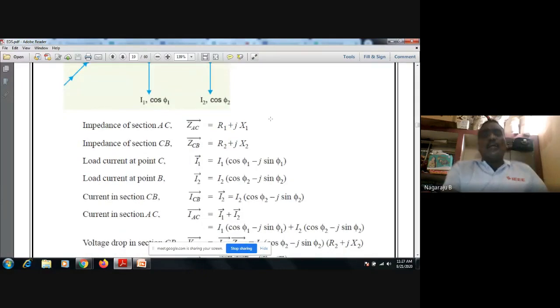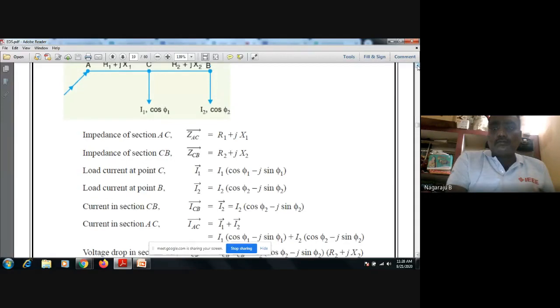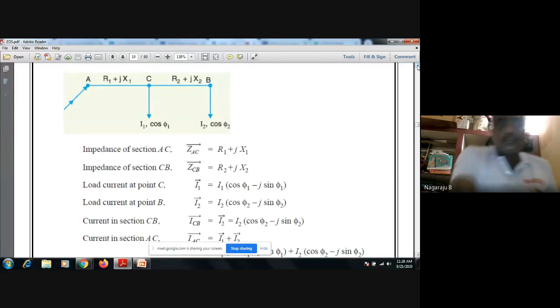This is about the current connection. I need the total AC current, which is the sum of both. The current divides at this particular point, I1 and I2.